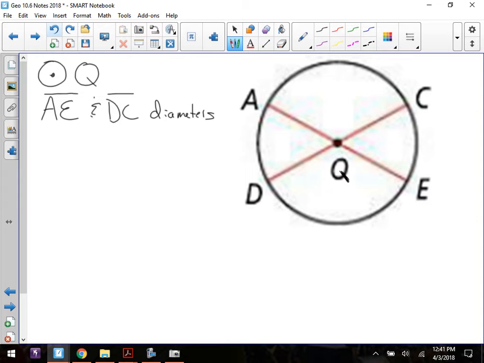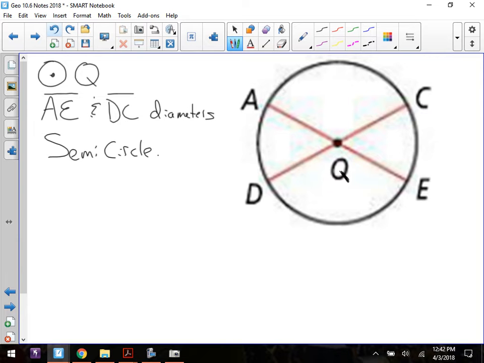Now, what does a diameter do to a circle? It goes all the way through, but what does it do more specifically? It cuts it in half. Now, what's the term for something that's half a circle? Do you guys remember this thing called a semicircle?